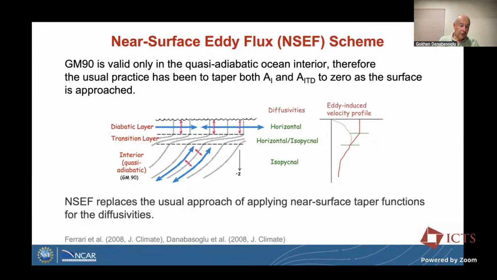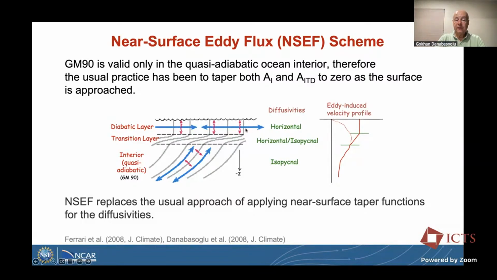Since our first implementation in the mid-1990s, we of course worked on how to improve this parameterization by different definitions or different prescriptions for the diffusivity coefficients. And along the way, we also implemented a related parameterization. This is the near-surface eddy flux scheme.